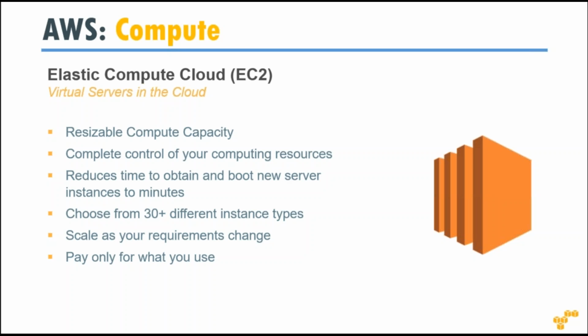These are all resizable compute capacity. That means you can start with the smallest machine and go all the way higher to a terabyte RAM machine. And the control of these machines is completely in your hands, that is, you can decide when to move a machine from a lower capacity to a higher capacity, and which machine to choose for your workload.